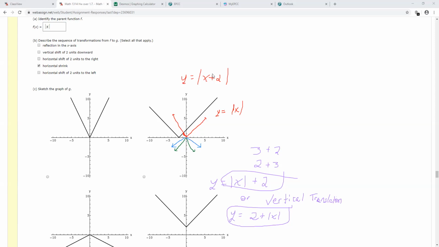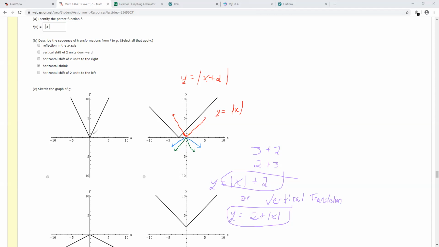Let me go back to this one. Remember on the basic one, if you go 1 unit over and 1 up, you're on the graph. And now we compressed it to 1/2 the distance to the y-axis. So this point moved over to right here. And so that's what happened right here.